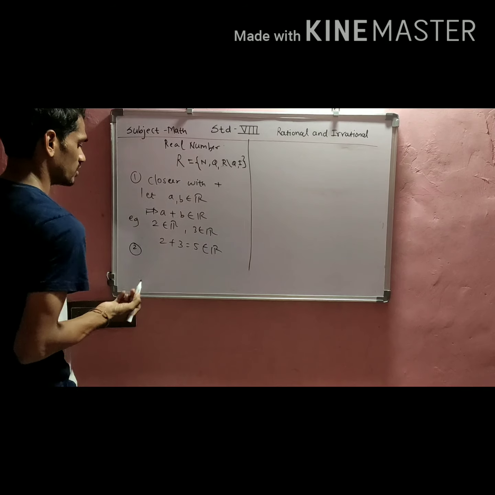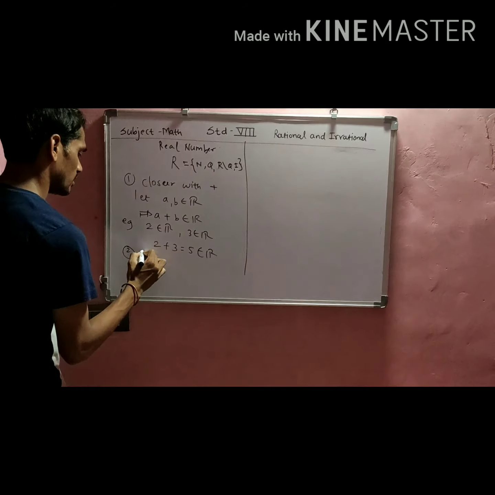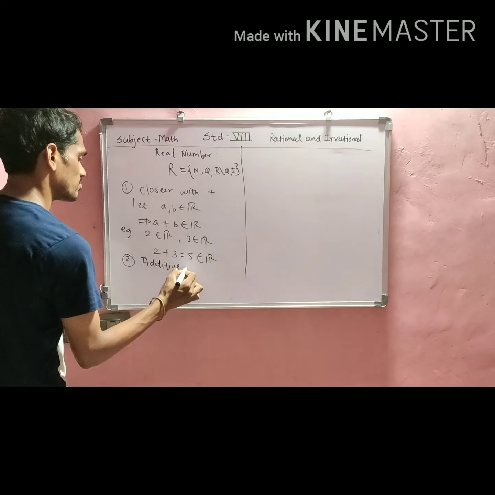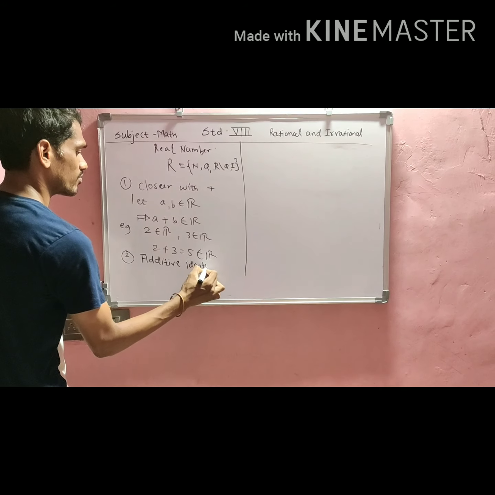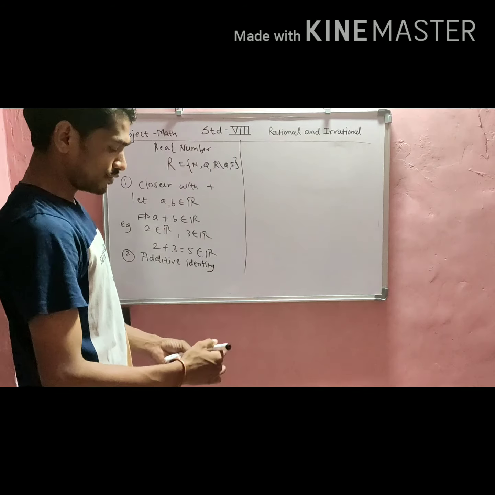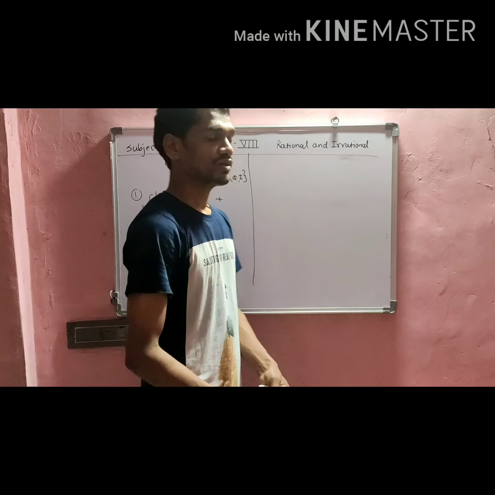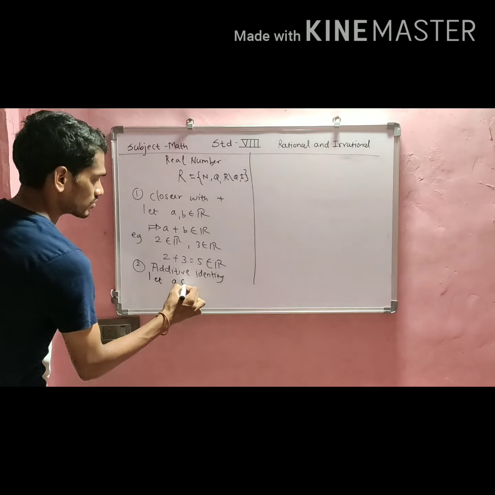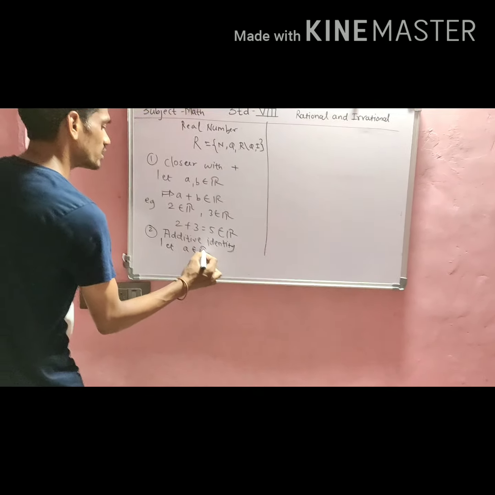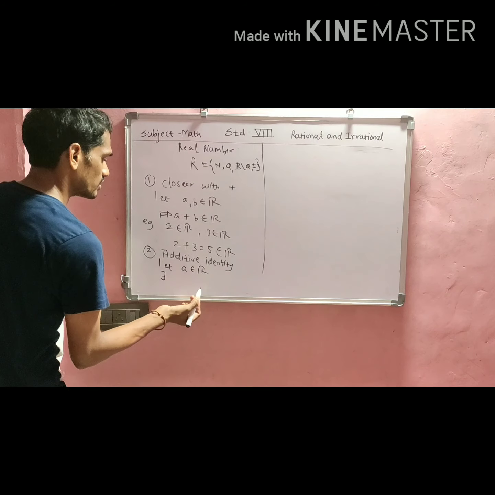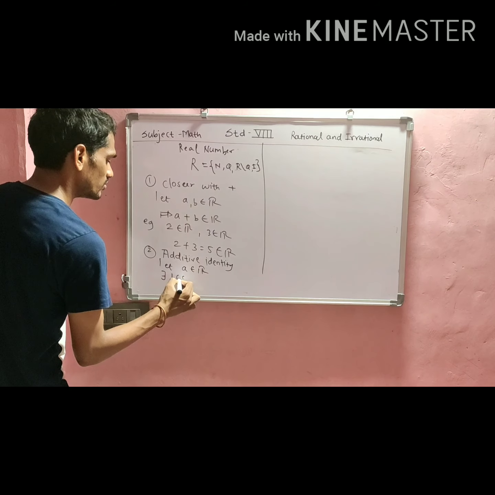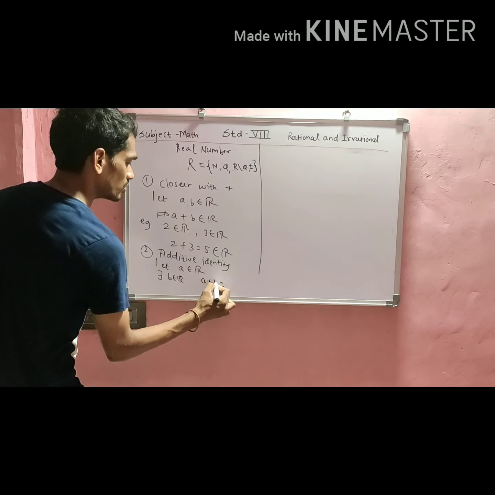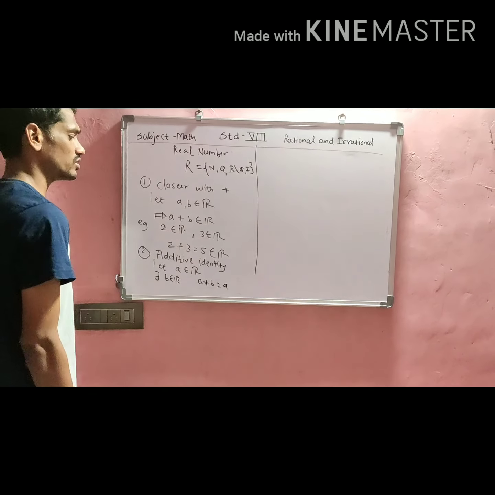Next, real numbers satisfy the existence of the additive identity. Additive identity means what, students? If I take any real number a, there exists a number b so that a plus b equals a.